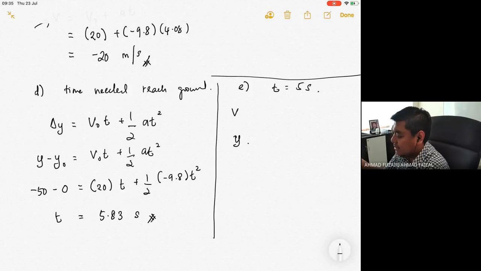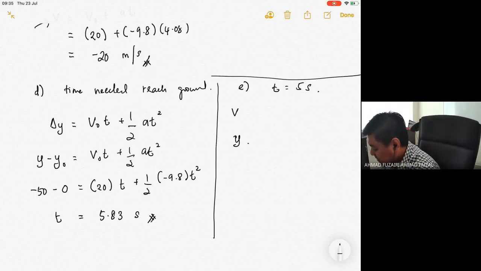T equals to 5 maksud dia kita tak tahu lagi. Okay, maksud dia tak jatuh bawah lagi. Tapi dia berapa nilai velocity dia, berapa nilai position dia masa tu. Okay, so how to do that? So first you can get the velocity at time t equals to 0. Therefore you can put velocity equivalent to v naught.